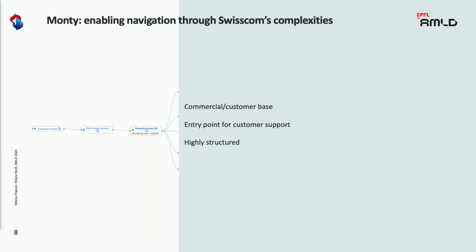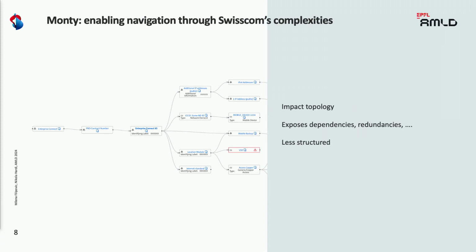What we show you with that information is everything else that's connected to that customer's location. We expose the different dependencies and connections between routers, switches, virtual network elements, etc. This is highly unstructured, and it will vary from location to location, product to product, and customer to customer.